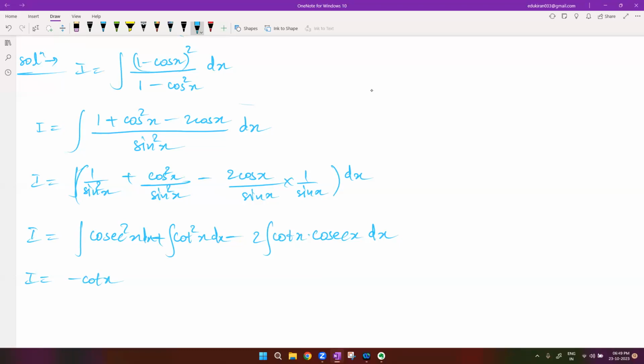Okay, how can we integrate cot square x? We don't have a formula directly for cot square x. We know the integration of cosec square x, right? So we need to change cot square x into cosec square x. Can we do that?